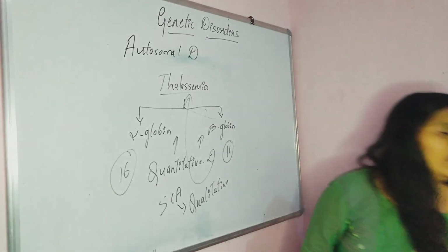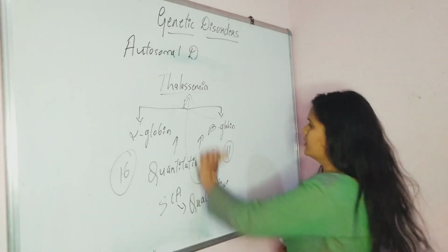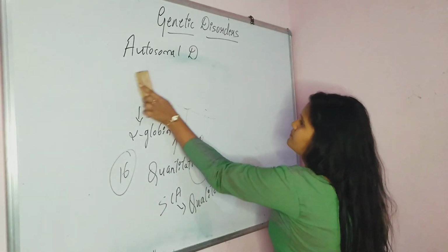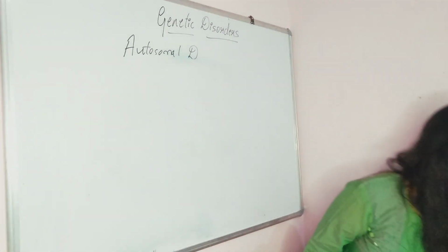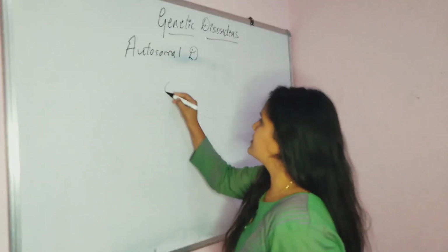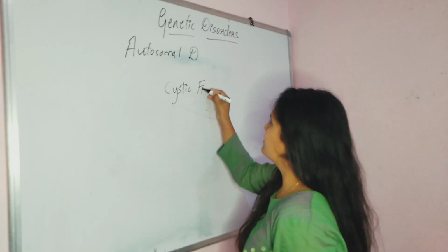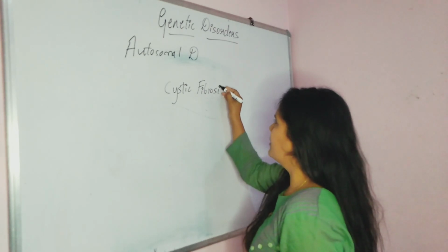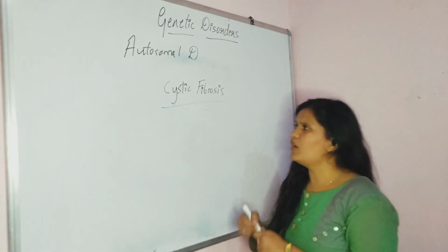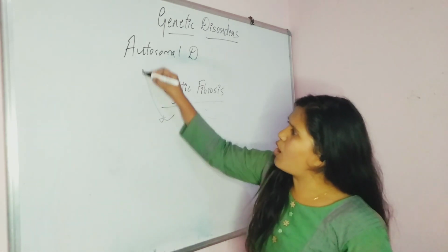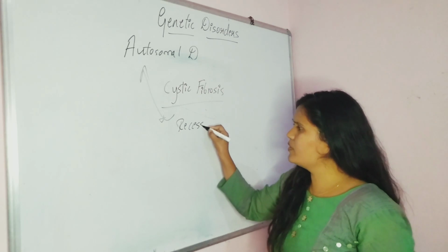So now we'll go on with one more last autosomal disorder, that is cystic fibrosis. Have you heard the word cystic fibrosis? We all know that this is also an autosomal disorder and also a recessive disorder.